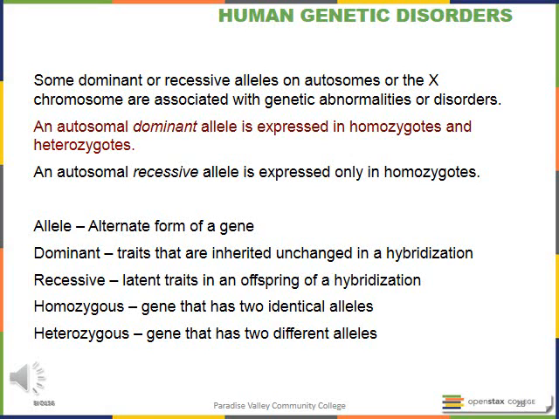They're going to use some other tools we'll talk about in other chapters, such as a pedigree or a Punnett square. They have tools at their disposal, and oftentimes it's just a blood test that they're going to look at all of your DNA.